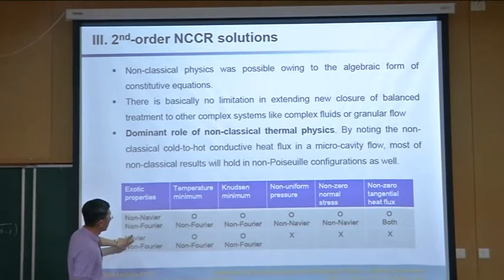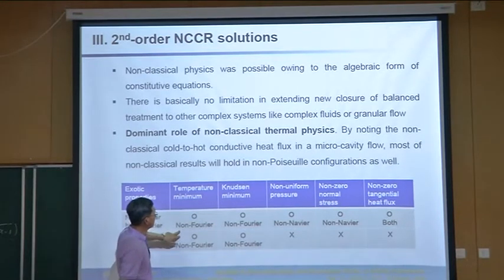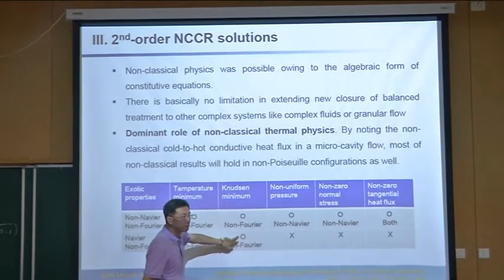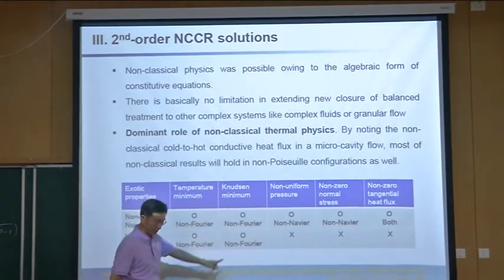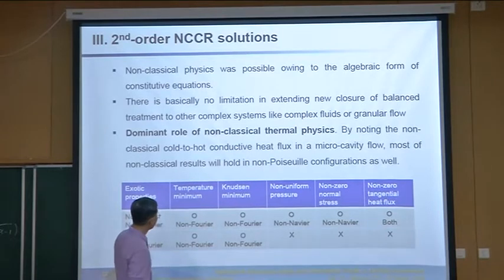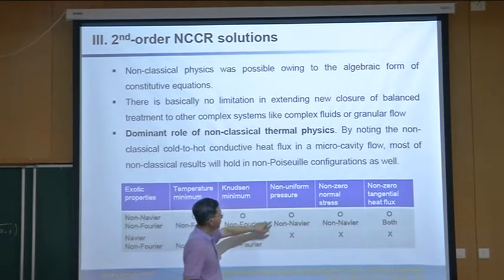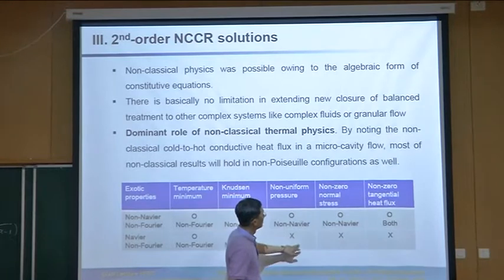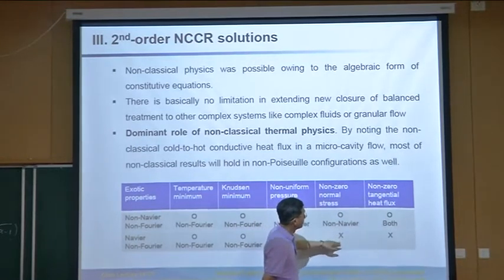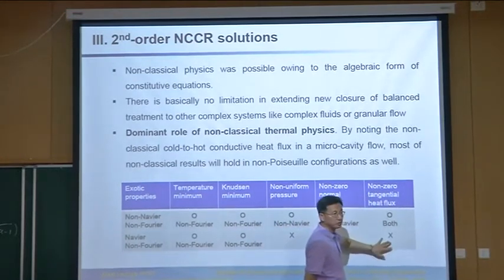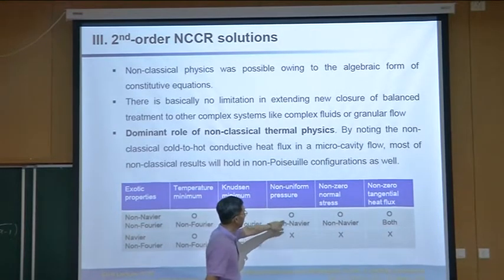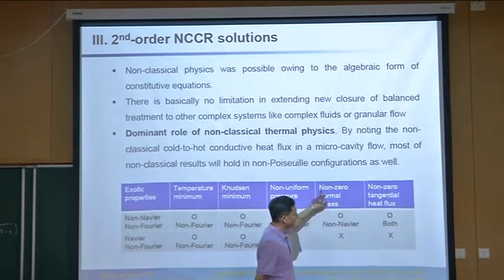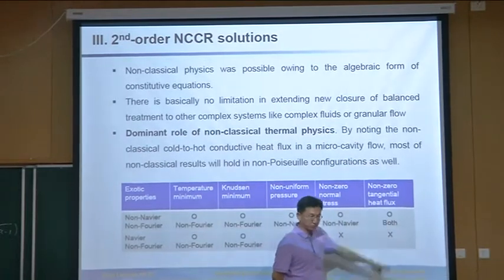Then this can explain the temperature minimum, the Nusselt minimum, because of the non-Fourier effect. But this model cannot explain non-uniform pressure, non-zero normal stress, non-zero flux. In that case, you must activate non-Navier, in this case both.